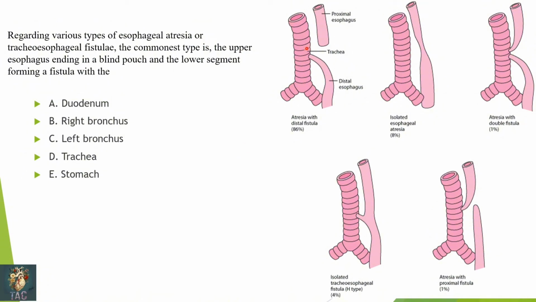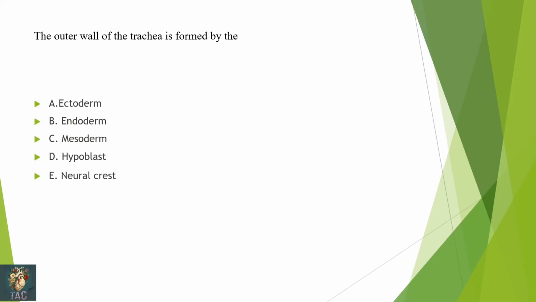So you can see from this diagram that this is the trachea with which it is forming the fistula, and this is the correct option. Next: the outer wall of the trachea is formed by ectoderm, endoderm, mesoderm, hypoblast or neural crest cells. As I have already told you, the outer walls are formed by the mesoderm, basically the splanchnic mesoderm. So C is the correct option.